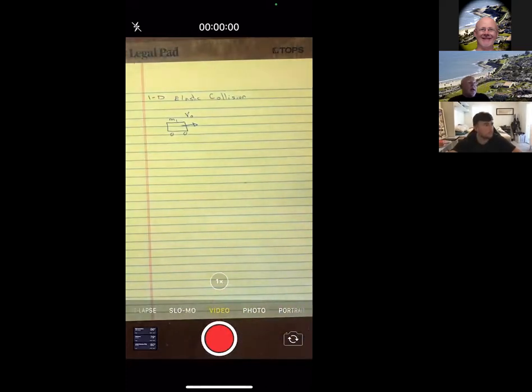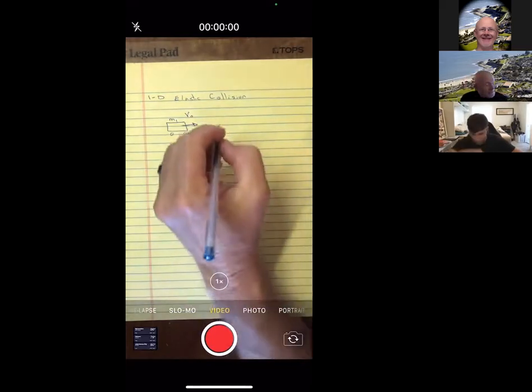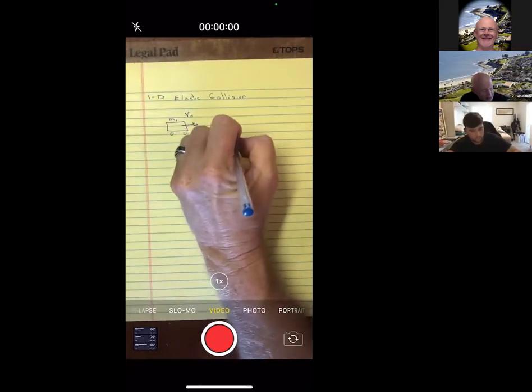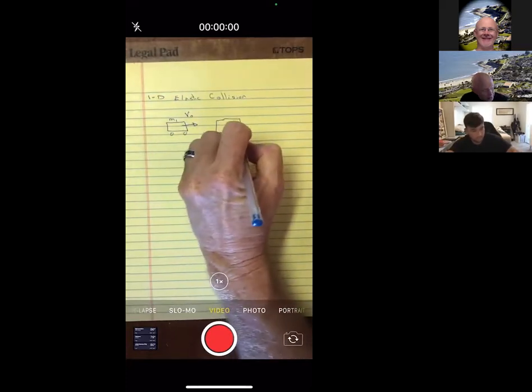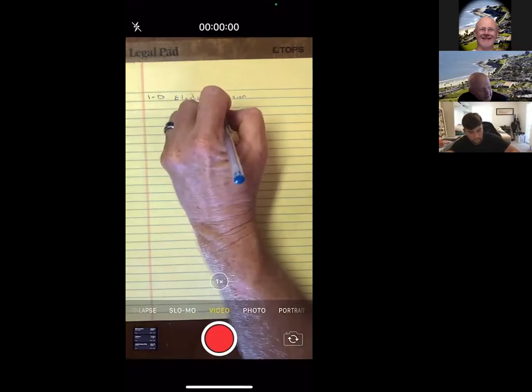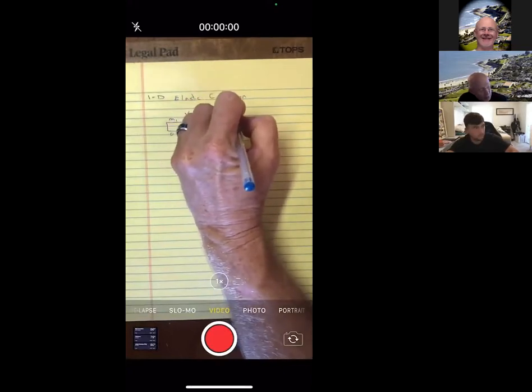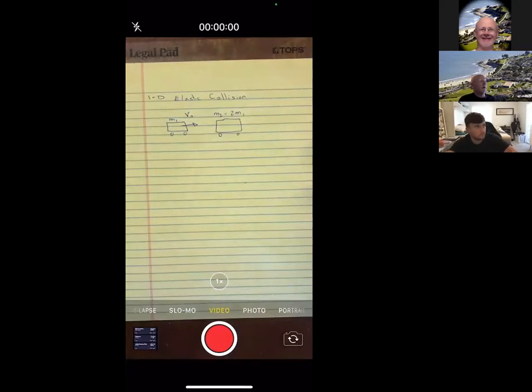And it says it collides with cart number 2, which has double the mass of number 1. So I'm going to draw cart number 2, and I'll put M2, which equals twice M1.